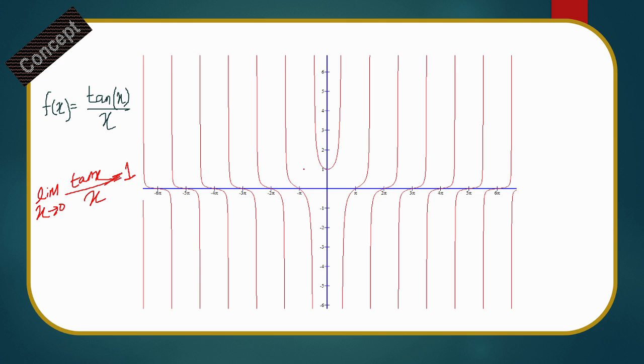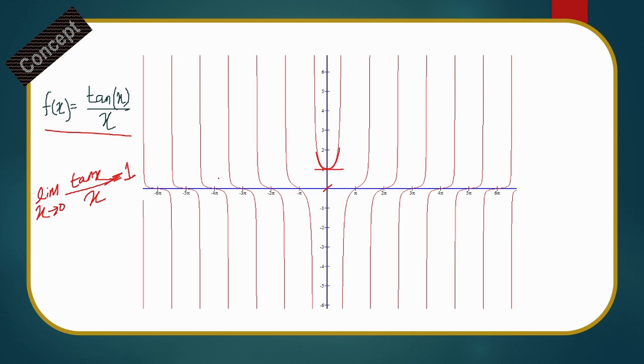Here I have drawn the graph of f of x equal to tan x by x. You can see at 0 the value of the graph is 1. From the graph also you can find the limit, but it is not possible to draw the graph in the exam, so we apply the standard formulas.